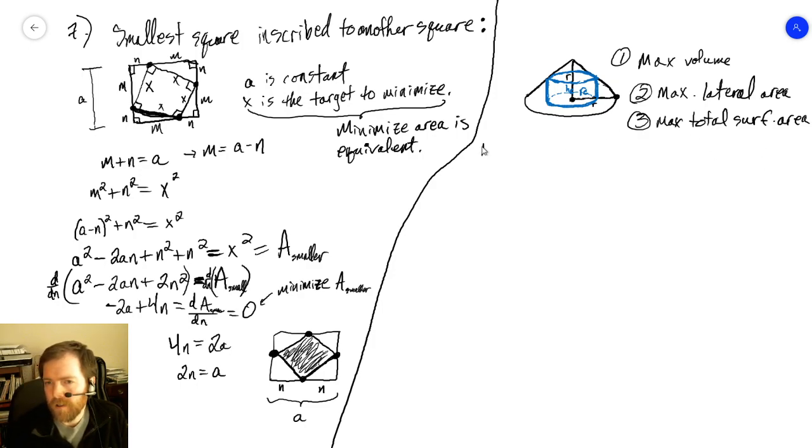So for the first one, at this point it just becomes a matter of, do you remember the formulas? And what are the restrictions on the cylinder based on the cone?